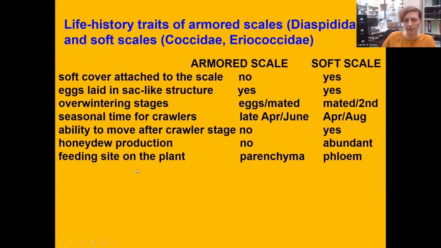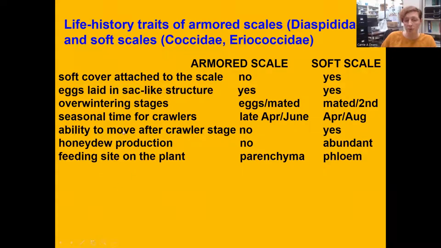Eggs are laid in sac-like structures for both types of scales. They do overwinter in different stages. Soft scales tend to overwinter as mated second instars, so mated immature scales. But armored scales tend to overwinter as eggs, oftentimes under the female's waxy coating to protect them.